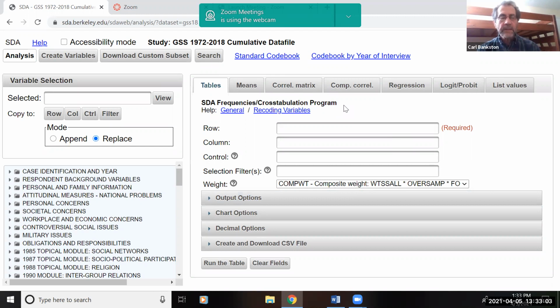This is an increasingly common platform for analyzing data online. I suspect that in the fairly near future, we will no longer need to download secondary data for analysis, but we'll be able to do it all online. Let's look at a couple of different approaches.